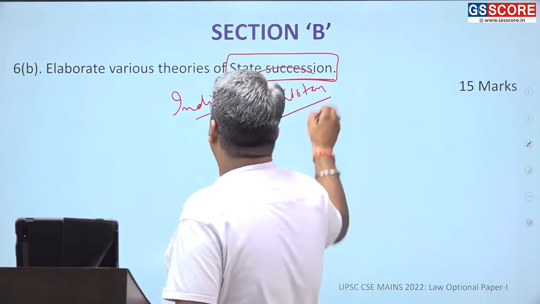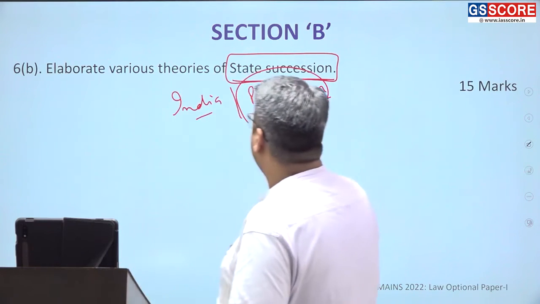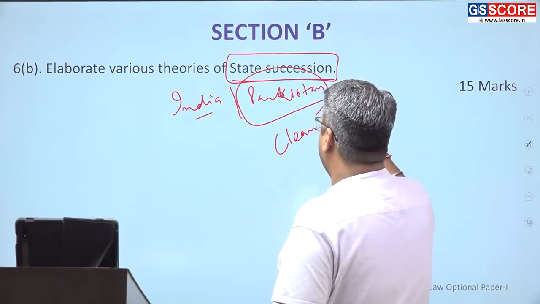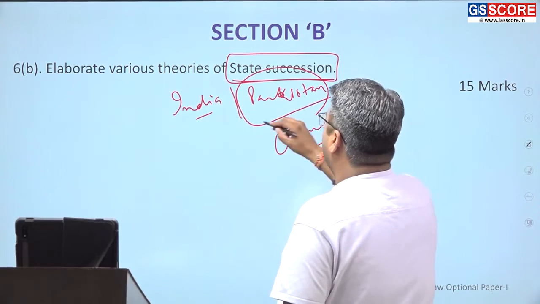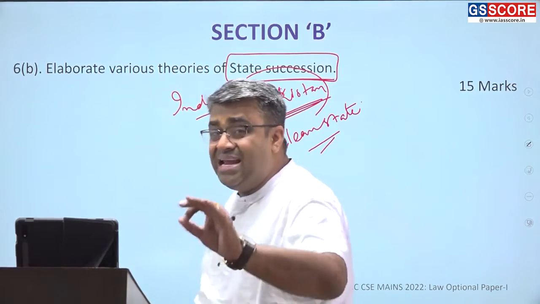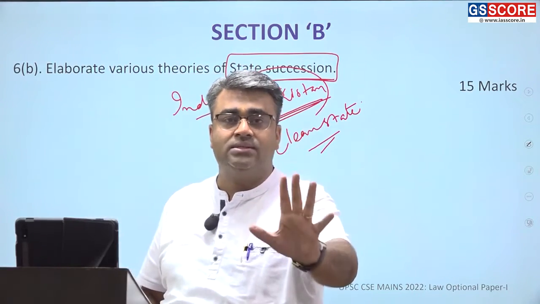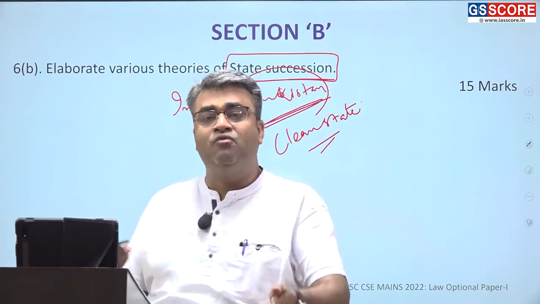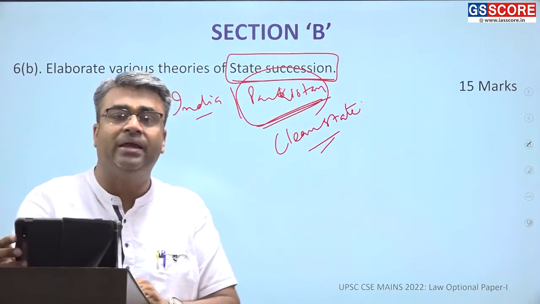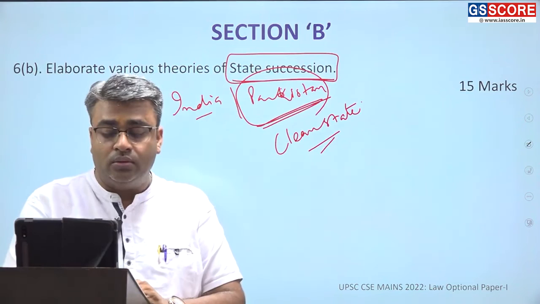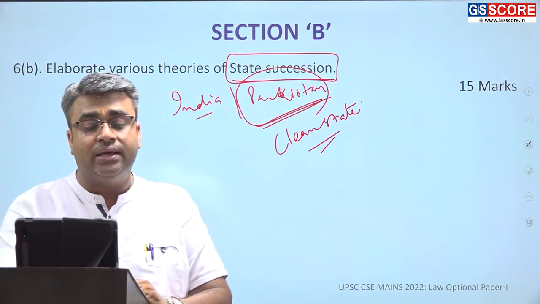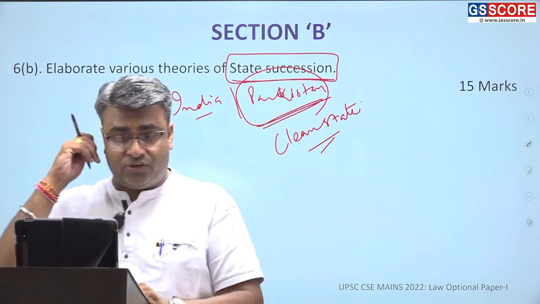When Pakistan became a new state, we applied the clean slate theory. It means Pakistan did not have any kind of liability. Pakistan only got finance from India, no liability. Every liability was incurred and faced by India only. So this is one of the theories of state succession.